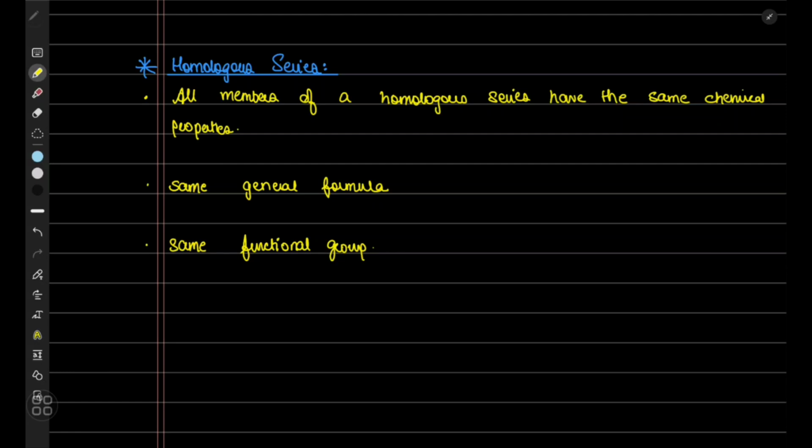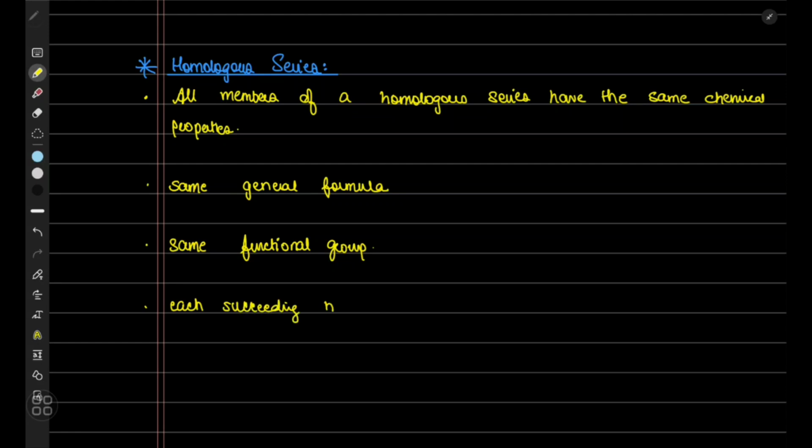And what you'll notice is when we get to homologous series that each succeeding member differs from the preceding member by a CH2 group. I'll give you an example to clear this out.